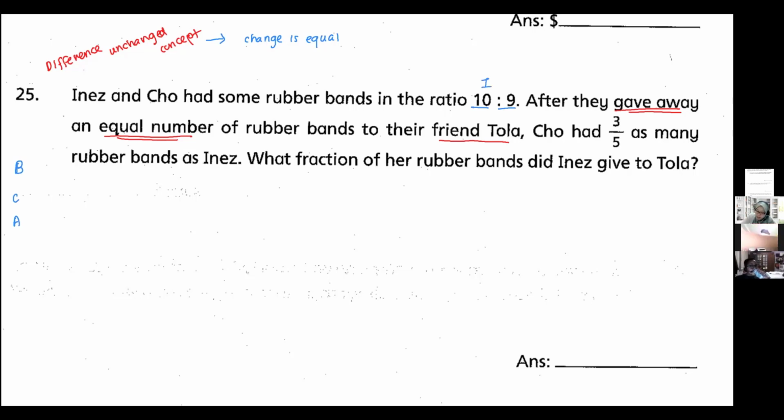This is Ines, this is Cho, and definitely this is my before information. After they gave away an equal number of rubber bands, the giveaway tells me that this is my change. My change is equal to the friend Tola. The comma tells us that this is what happens next. After the change is my after.